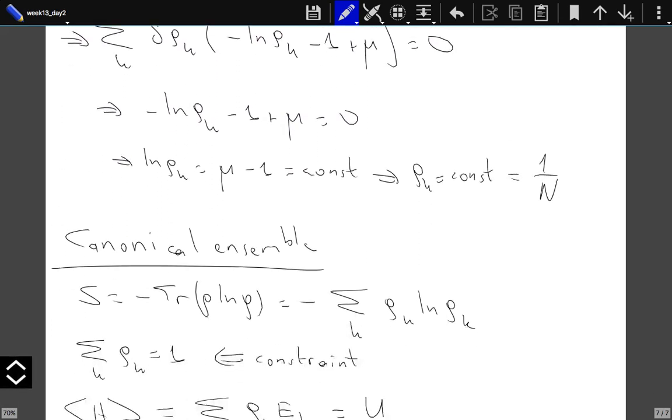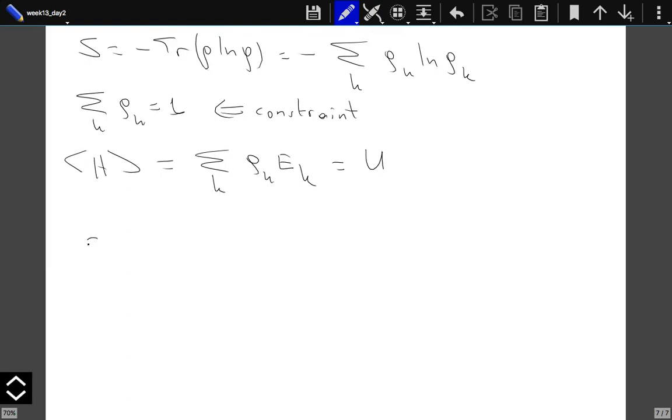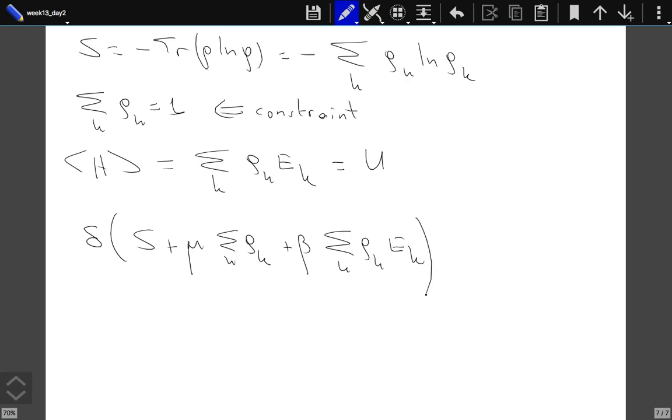Well, we will basically do the same thing. We will look at the variation of S plus mu times sum over k rho k plus beta times sum over k rho k times E k. Beta and mu are two Lagrange multipliers, and we should just set this equal to 0.